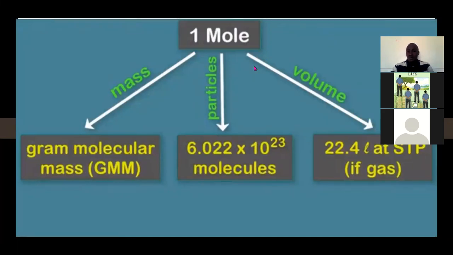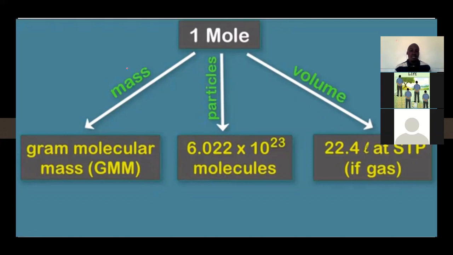So a few weeks back, we looked at this relationship when we compare a mole in terms of mass, in terms of particles, and in terms of volume. So we discovered that for mass, for 1 mole of any given compound, the mass will always be equal to the relative formula mass of that compound.